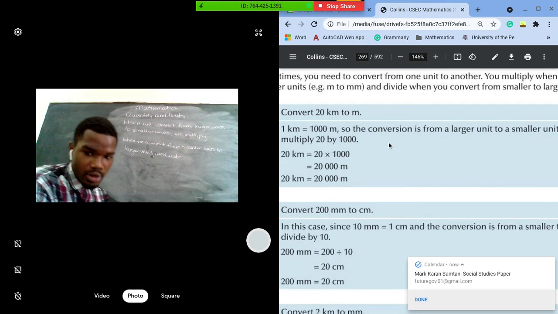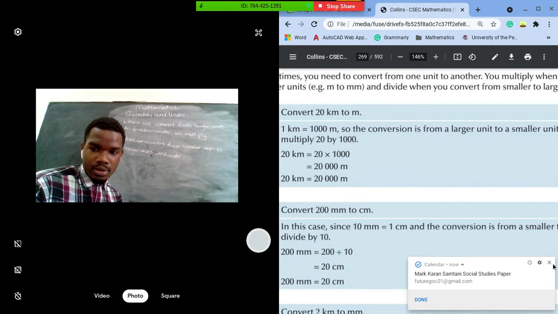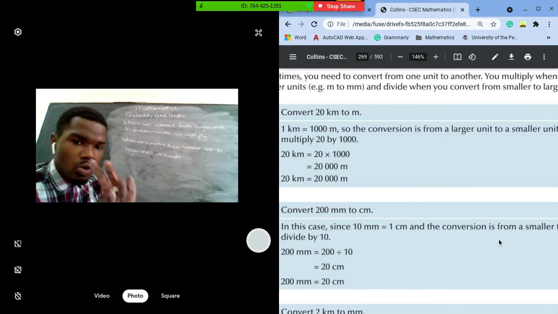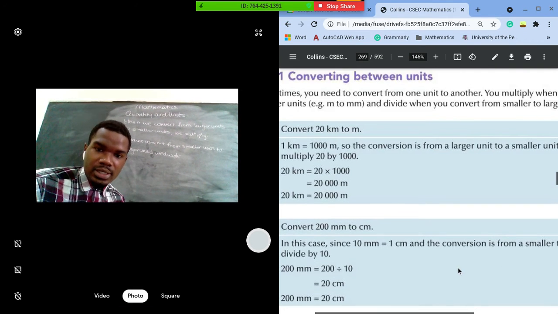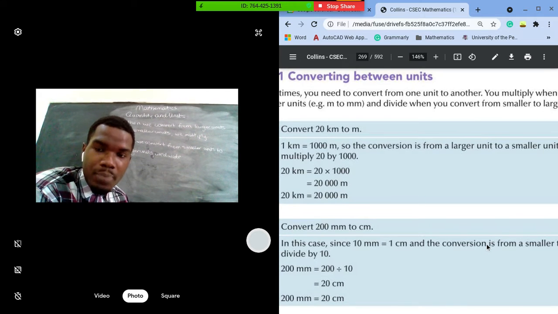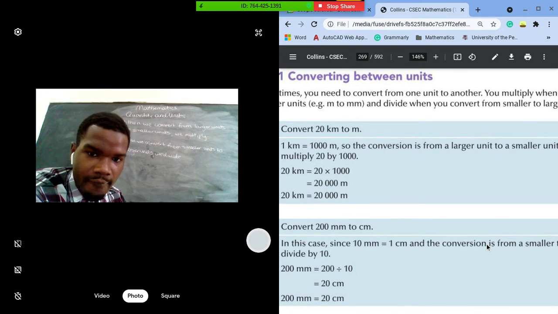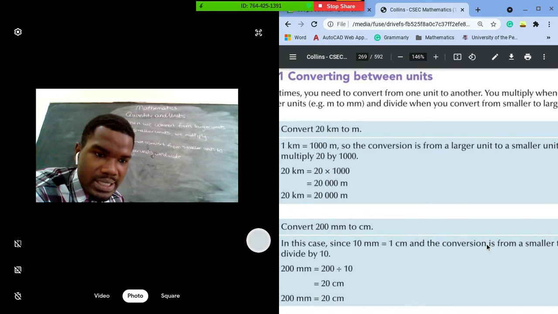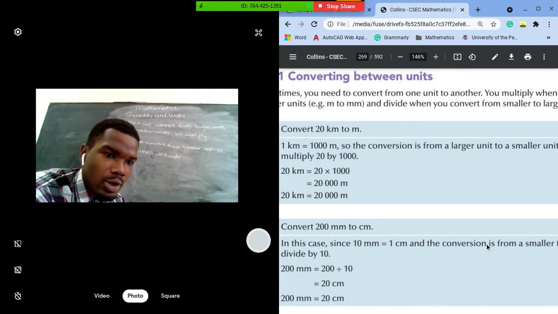Alright, another alarm. So, before you go, I'm going to put 2 questions similar to this one in the portal and in the WhatsApp chat. We're going to quickly go through this before you go. So if 20 kilometers needs to be converted to meters, we know that kilo means 1,000.